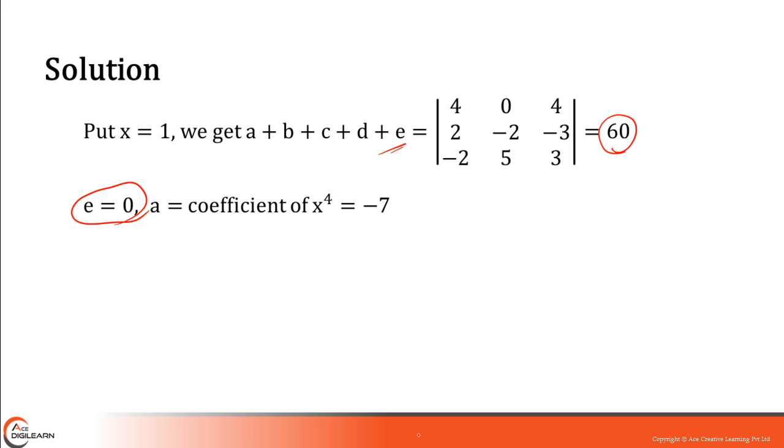And to get the coefficient a, which is the coefficient of x power 4, replace x by 1 by x in the given determinant.